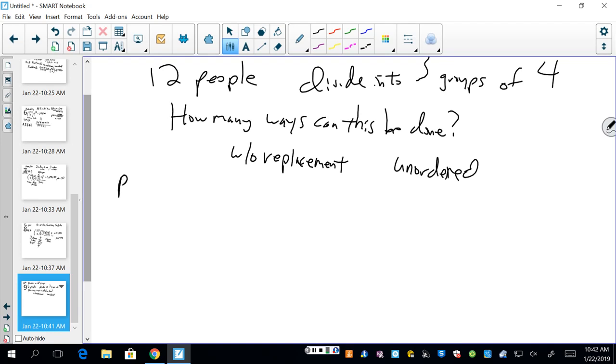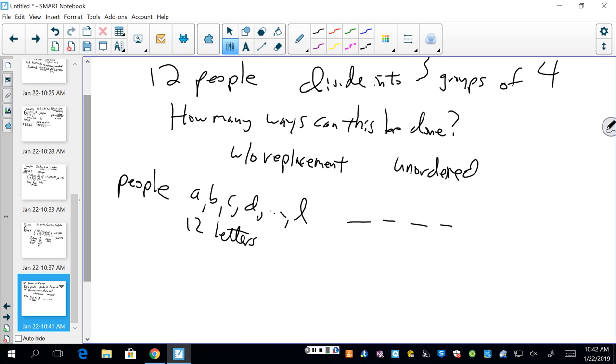Of our people, you could give them labels A, B, C, D, up to L, or 12 letters. Sometimes it's easier to go back to thinking about things in order and then undo the overcounting like we did with combinations.